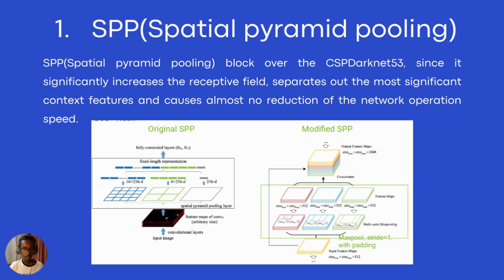After you find the object, we crop the image, and then we send it to a convolutional neural network after resizing the image. And then finally, when we reach some stage inside the convolutional neural network, we perform SPP.